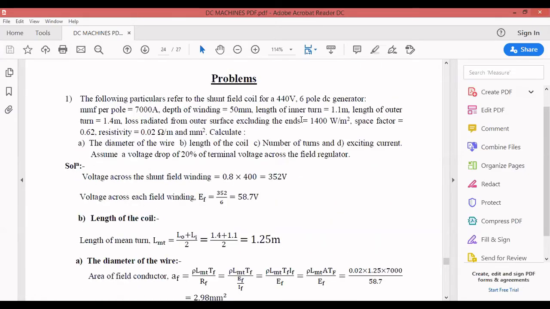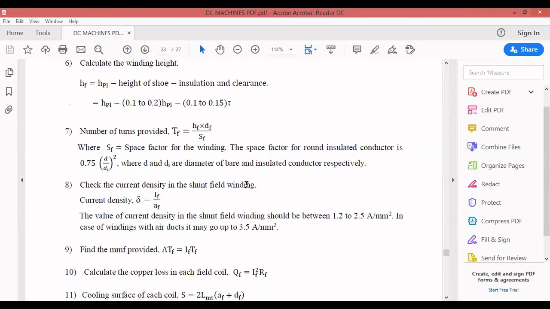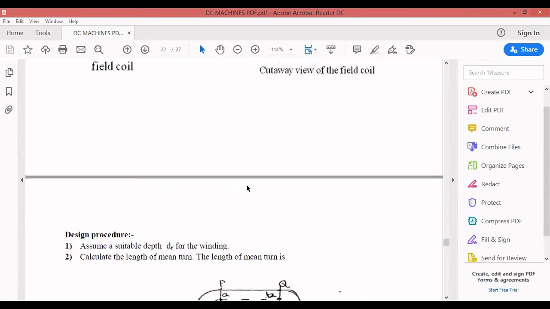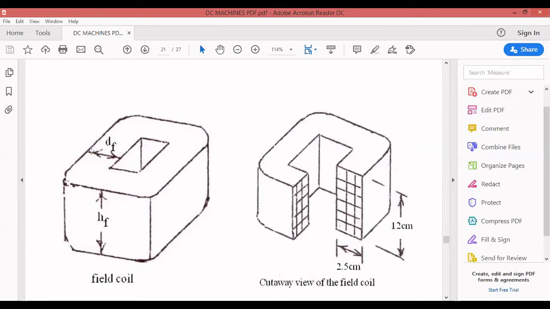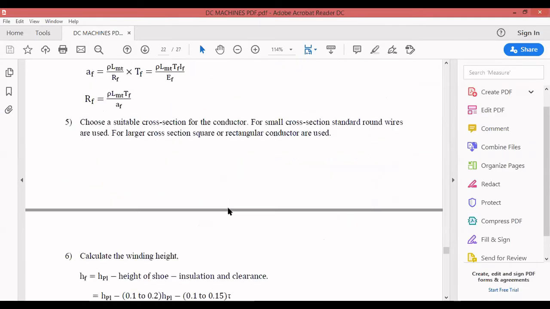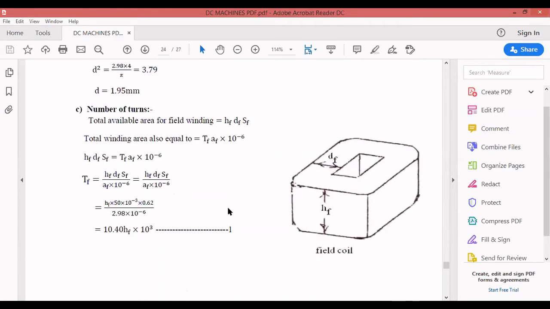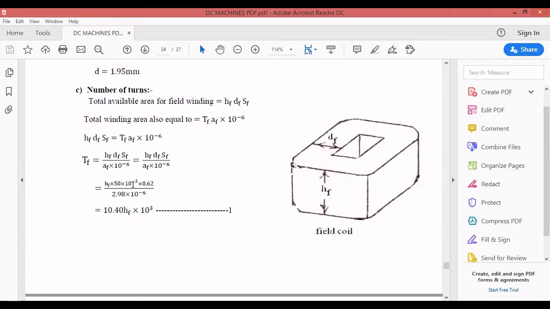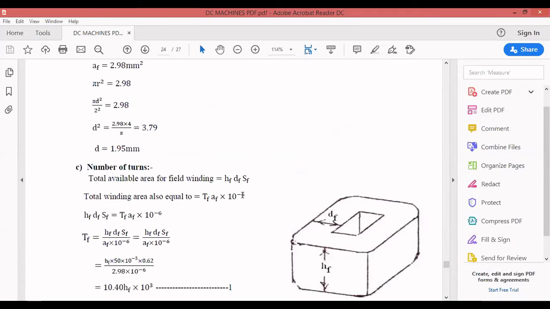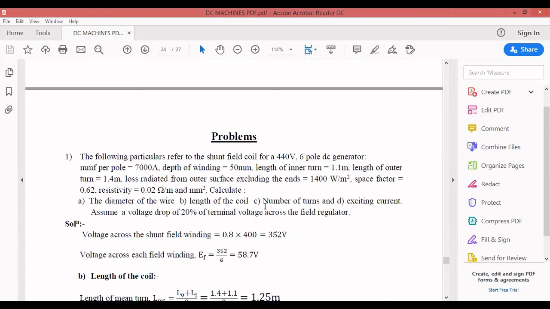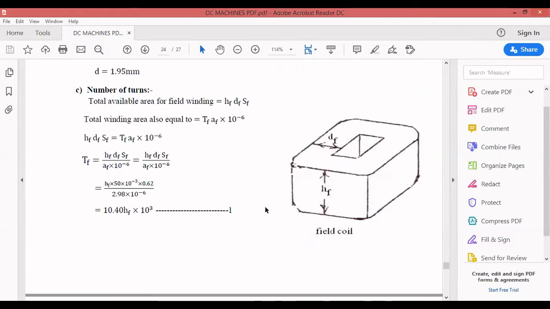You can see here, the depth or thickness of the winding is 50 mm. So the depth of the winding is 50 into 10 power minus 3, converting into meter, into SF. SF is nothing but the space factor. The formula for SF is 0.75 D by DI.